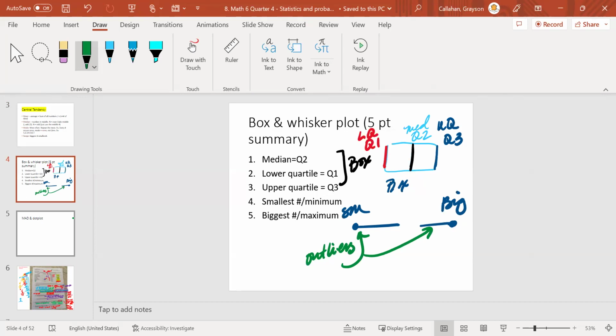So your smallest number is all the way to the left and your biggest number is all the way to the right. So those are the outliers. Okay, does that make sense?